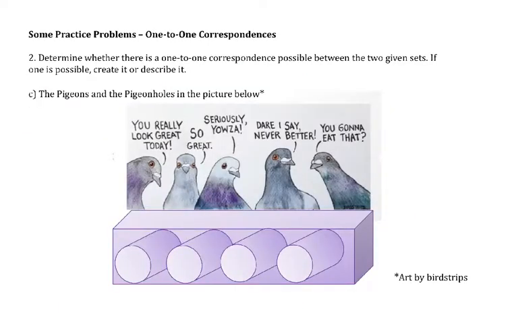Last example. See here. Whoops. So look at our picture and see what it says. Is there a one-to-one correspondence between the set of pigeons, let's call that P, and the set of pigeonholes, let's call that PH?